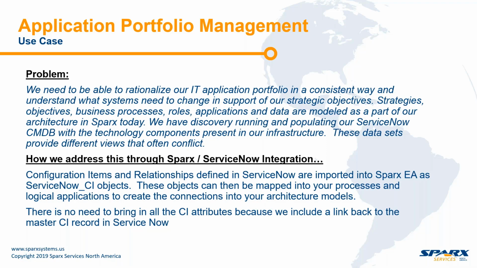What we can do is maintain an integration between these two systems, and we'll show you this in a minute, to allow you to go from EA and pop back into ServiceNow if you need to get more details. And this is great because a lot of the higher level metadata about a configuration item tends to be stable, while some of the more operational details tend to change very frequently. So this enables us to expose that information to the architects without having to update and replicate it all the time.